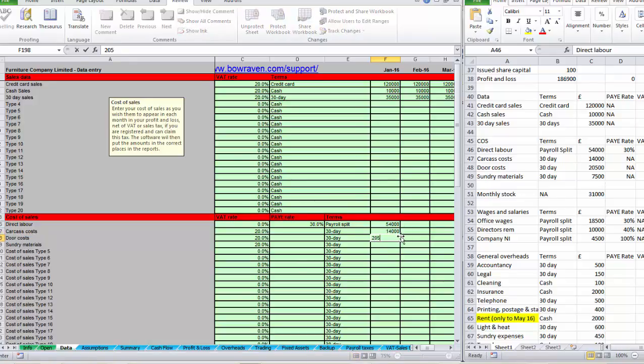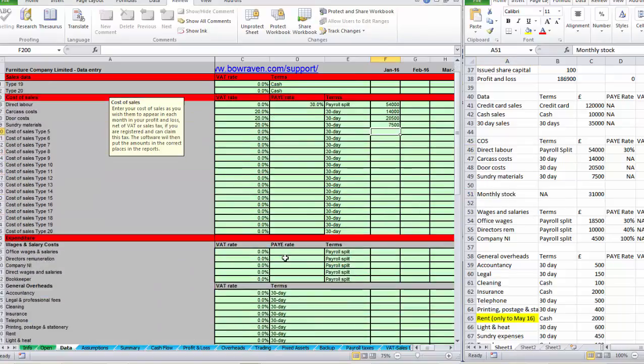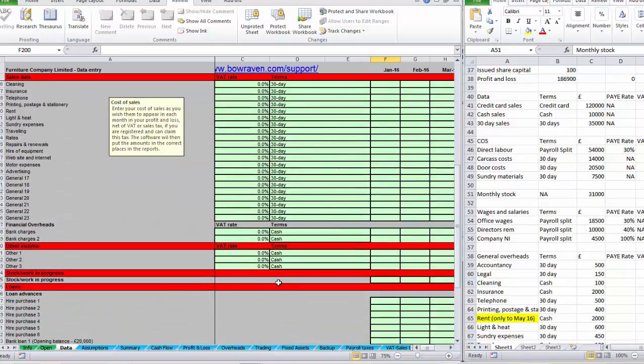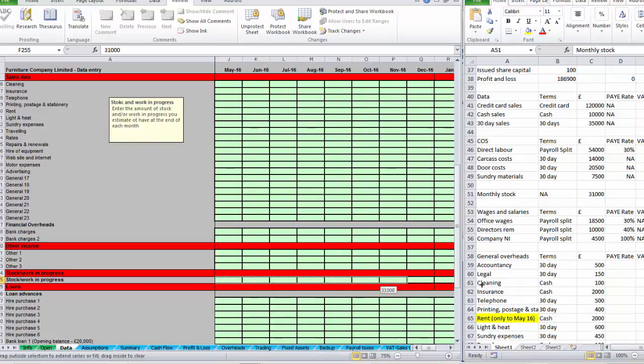I'm just going to put these in, because then the software will calculate the VAT for you based upon the VAT rate over here. So now I'm going to enter my monthly stock. In this case, I'm going to assume our stock stays at roughly the same amount throughout, so I'm just going to copy that across.